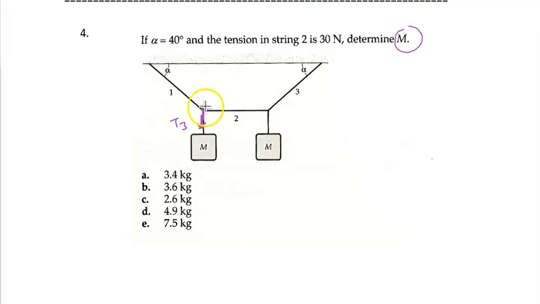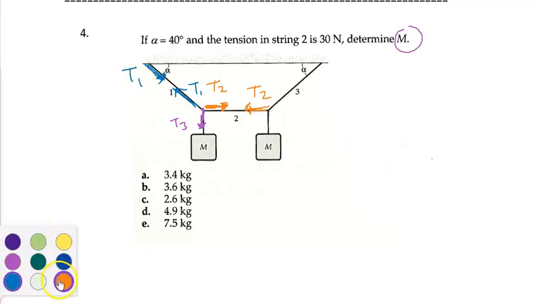And this rope 2 is pulling to the right on this side and to the left on this side. And T1 is pulling in the second quadrant and on the ceiling. And I'm running out of colors.